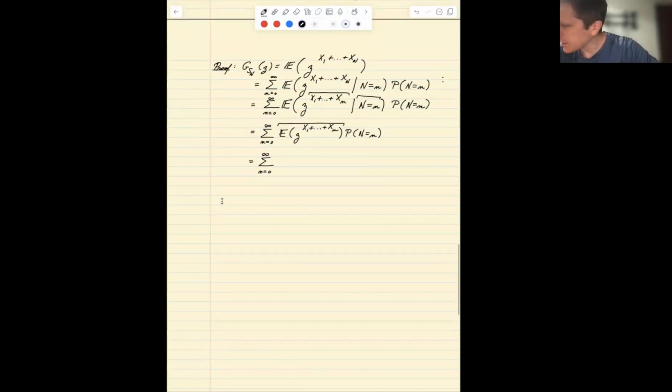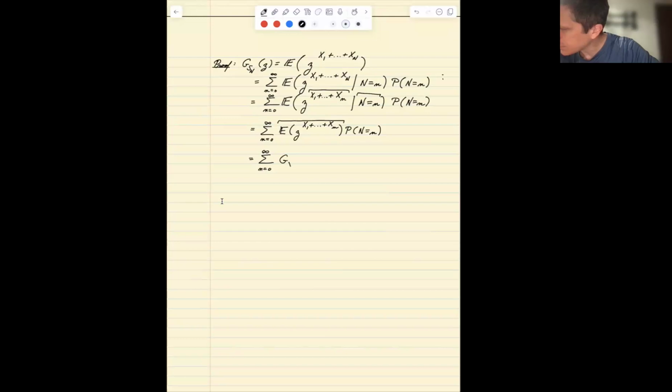So this is just now the generating function of X1 up through Xn, which we've dealt with before, which we know is the generating function of any one of them raised to the power n.